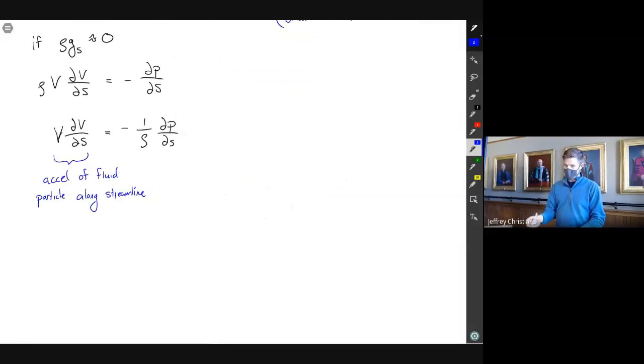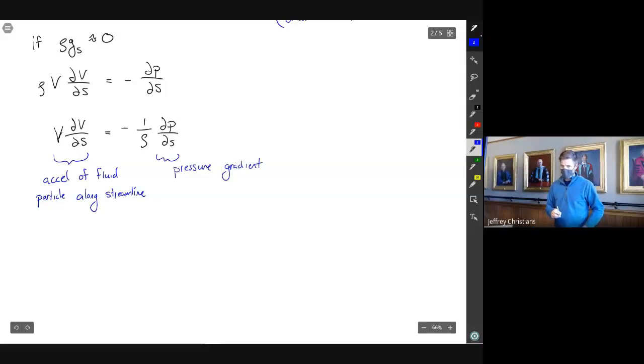It's going to speed up or slow down because of the pressure gradient. The fluid is going to be speeding up with a negative pressure gradient. That means as pressure goes down, the speed goes up. As pressure goes up, the speed goes down.